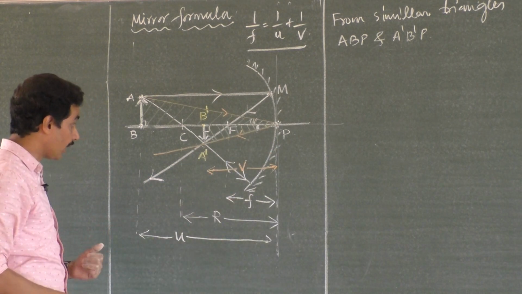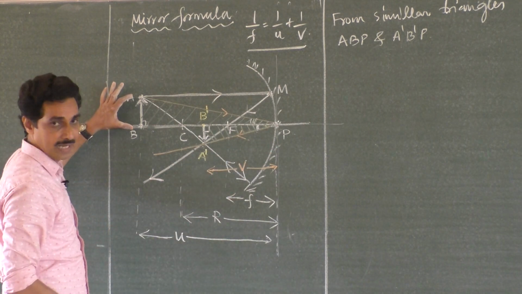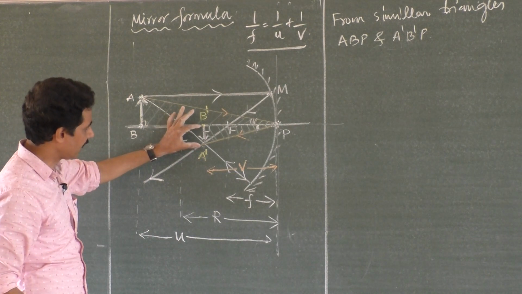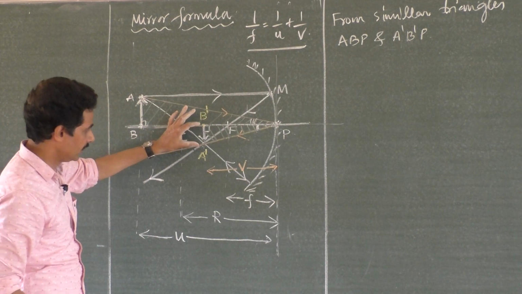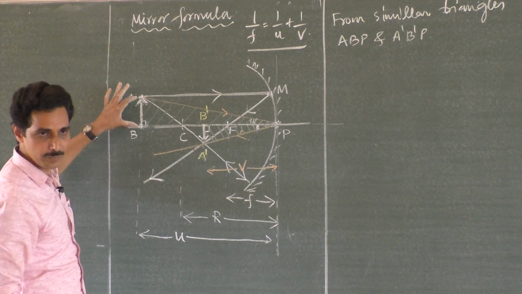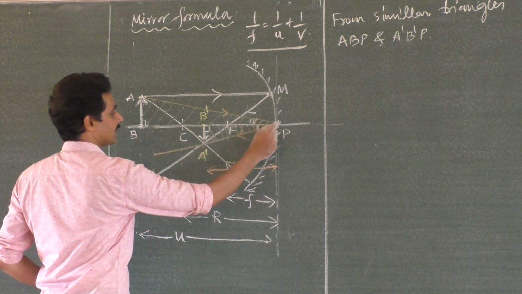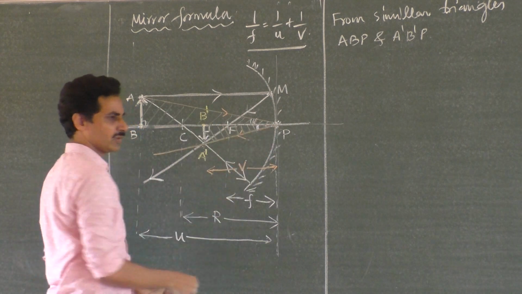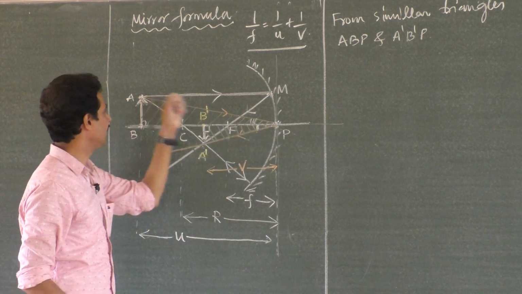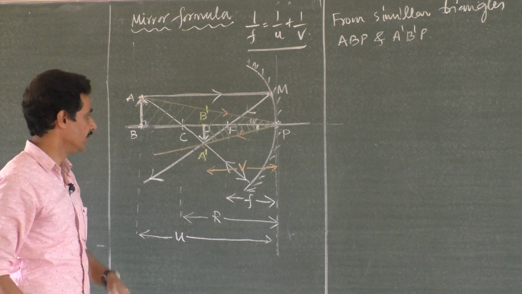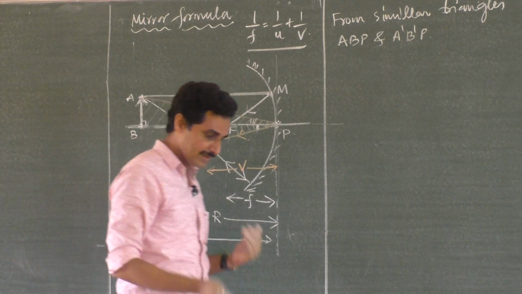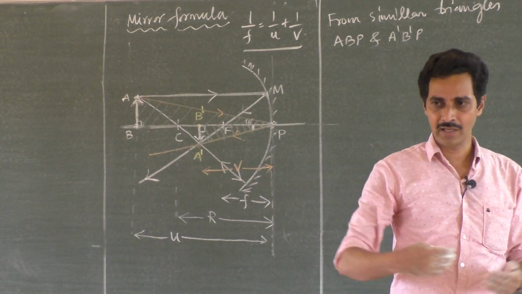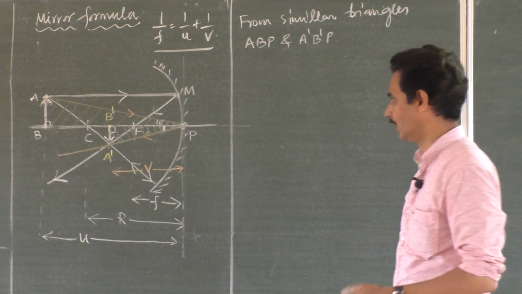But we are in need of, this is object height, this is image height. You can clearly note it. Whereas this is object distance, this is image distance. But what are these things A'P and AP? They are nothing, so don't worry about them. They are not needed for us. So we will write the ratios. In similar triangles, always the ratio of corresponding sides are equal.